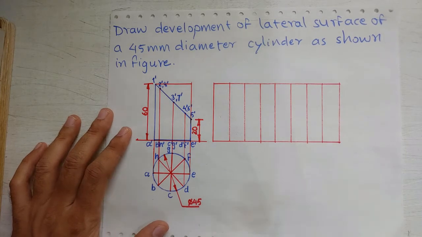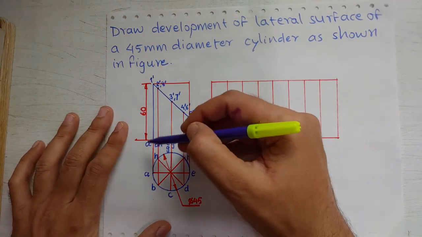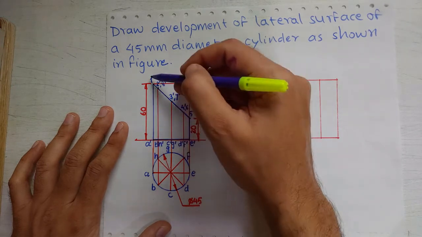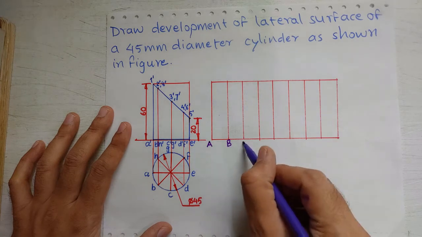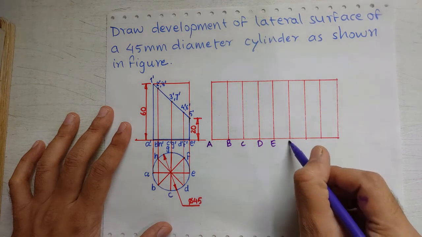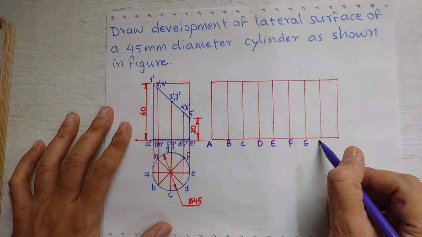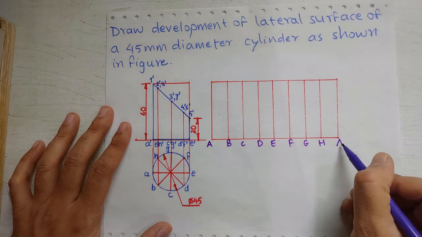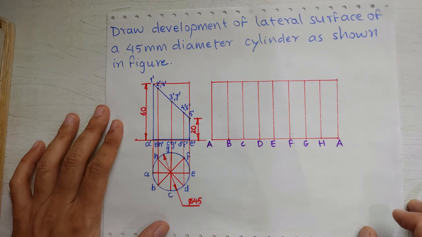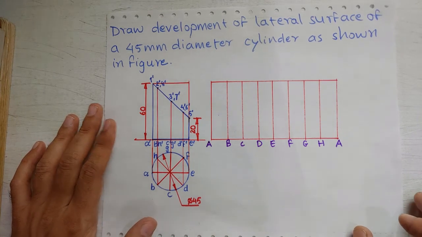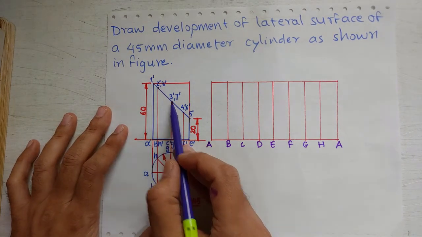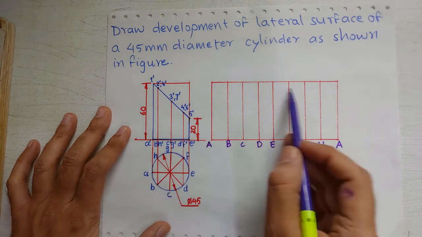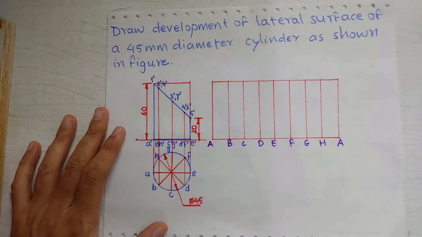Now we are assuming again that we are cutting the cylinder along the generator A, that means A prime 1 prime. So I will give the notations here as A, B, C, D and so on, and the last one would again be A. Okay, now a very simple thing we are going to do: we just have to transfer these points by taking projections on the particular generator.